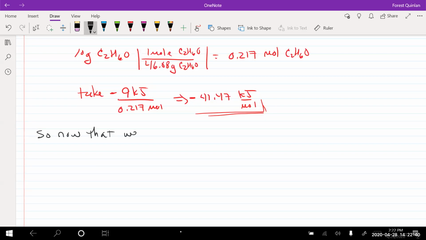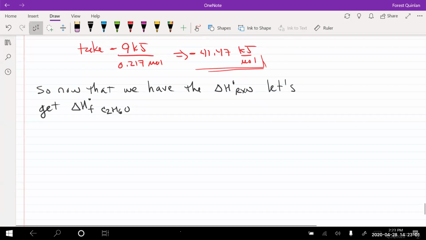So now that we have the delta H naught of the reaction, let's get delta H naught of formation of the C2H6O. Okay, so just to remind ourselves, C2H6O plus the 3 oxygens goes to make 2 carbon dioxides and 3 waters.